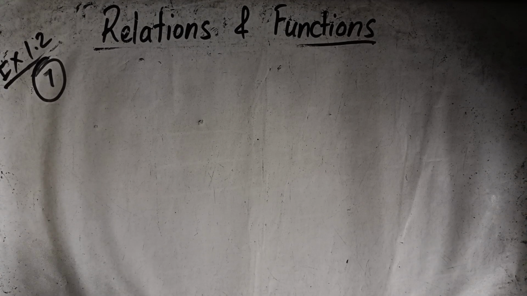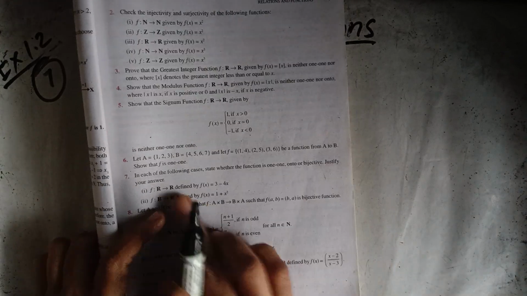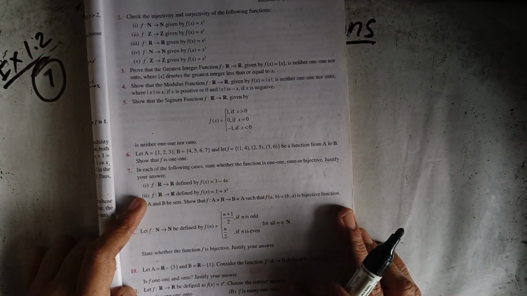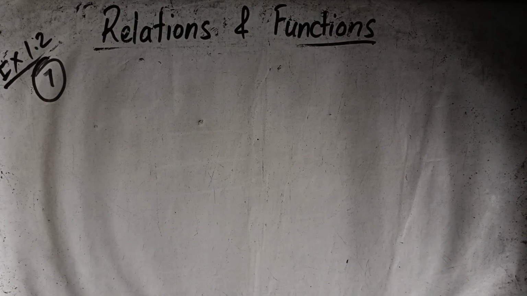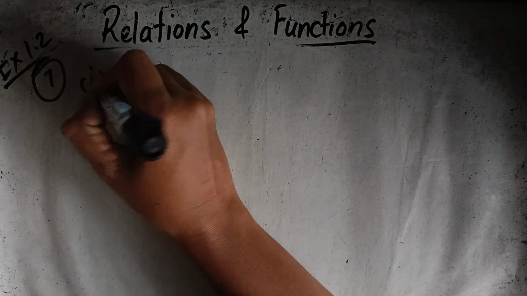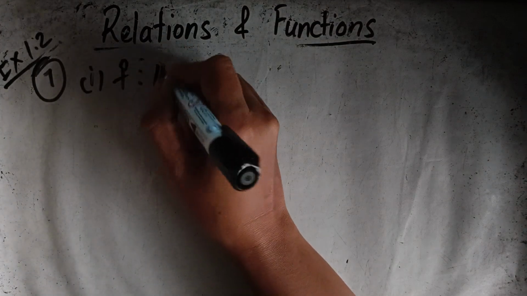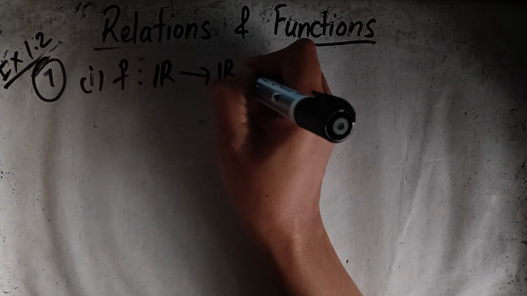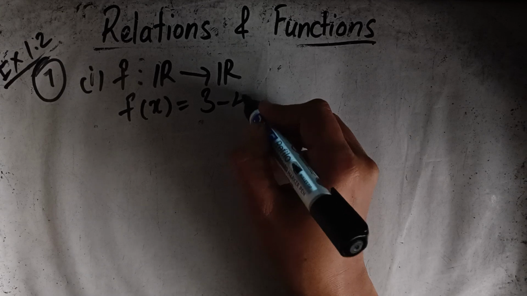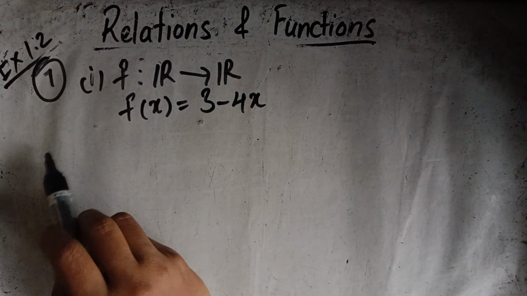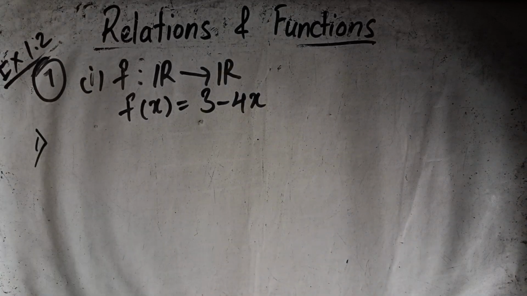Next question. In each of the following cases, state whether the function is 1-1, onto, or bijective. Justify your answer. Okay, your functions are defined. So f from R to R, f of x is equal to 3 minus 4x. Okay, so first we have to prove 1-1.